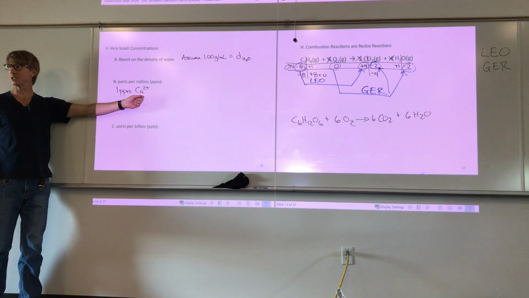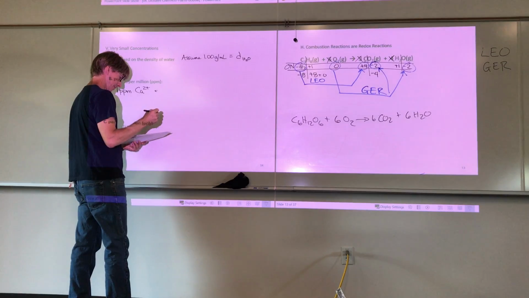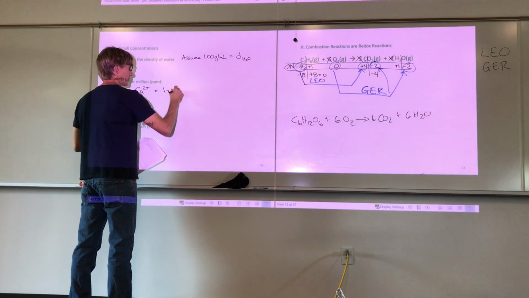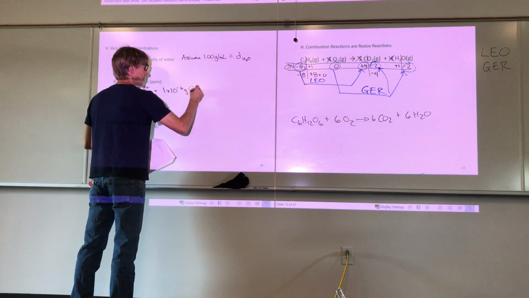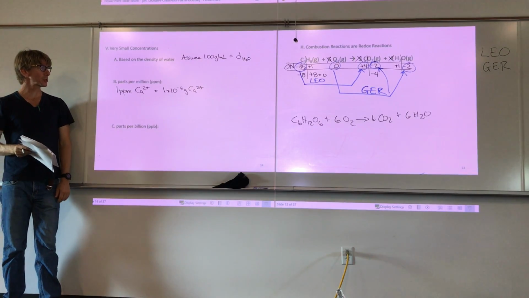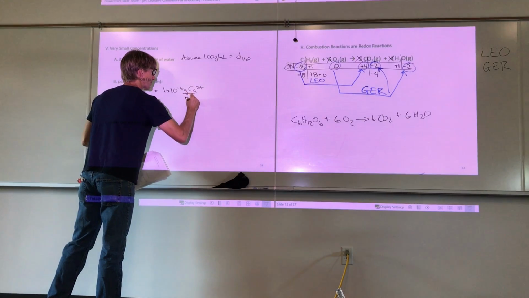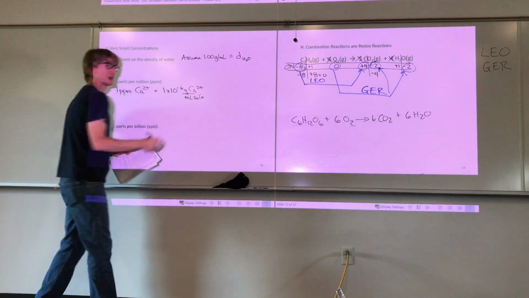In this case, the solute could be calcium ions. That is the solute on homework number 3 on the problem that you're working with. It's equal to 1 times 10 to the minus 6 grams of calcium 2 plus per milliliter of solution.